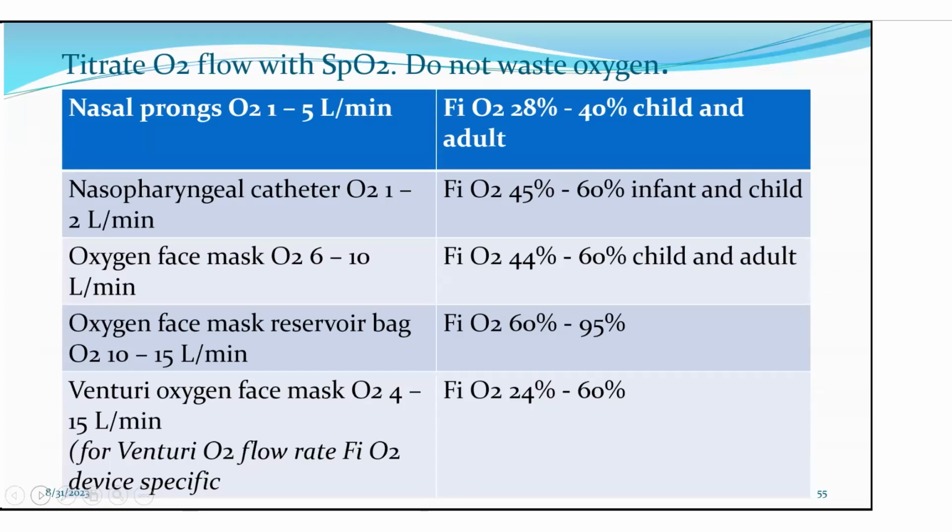For our infant and a child, between 44 to 60, depending on what condition the patient has, depending on the need and the requirements of the patient. So you cannot just titrate immediately. You have to go slowly as you monitor the patient via the SpO2 and the arterial blood gases.